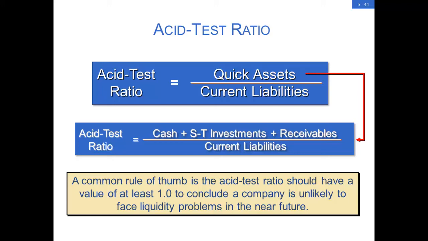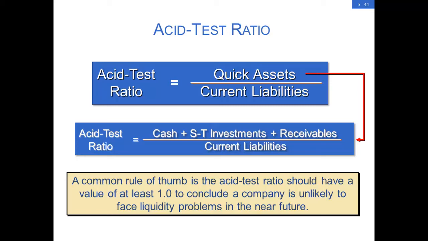The ratio is calculated as quick assets divided by current liabilities. Quick assets are those current assets that can be converted into cash quickly. They usually include cash, short-term investments, and receivables. A common rule of thumb is for the acid test ratio to be at least 1, but this can vary from industry to industry.